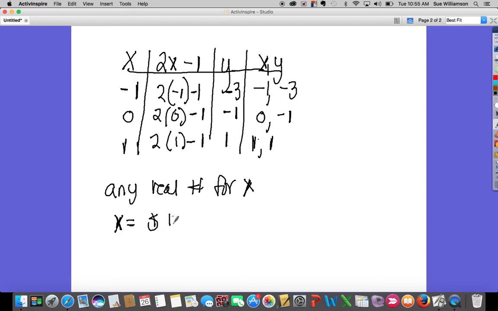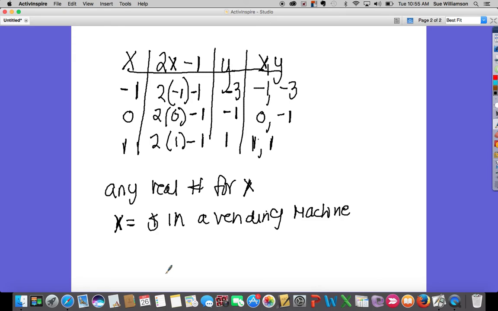For example, if x represents money in a vending machine, is it possible to have negative money? You can't put negative money in. You either have money to put in or you don't.